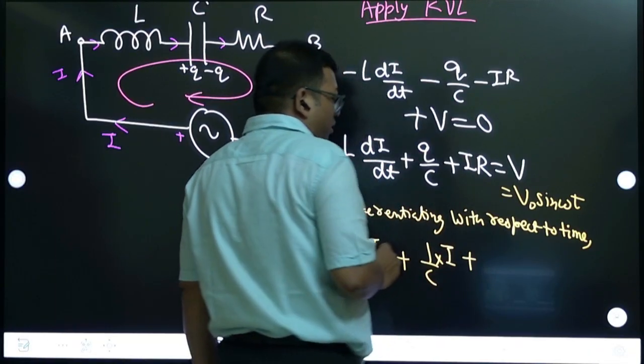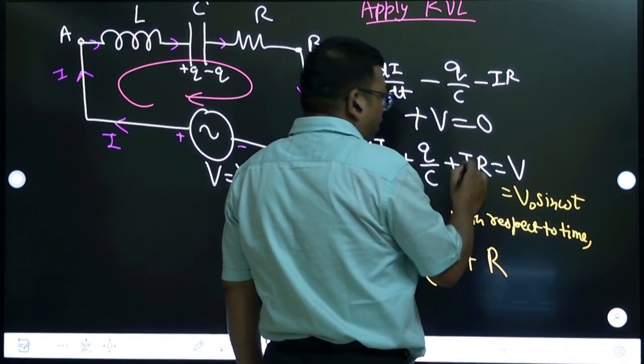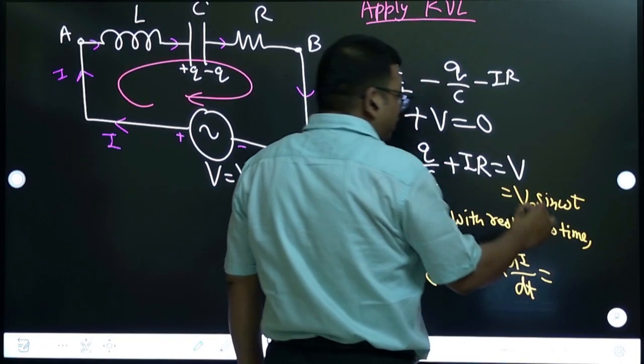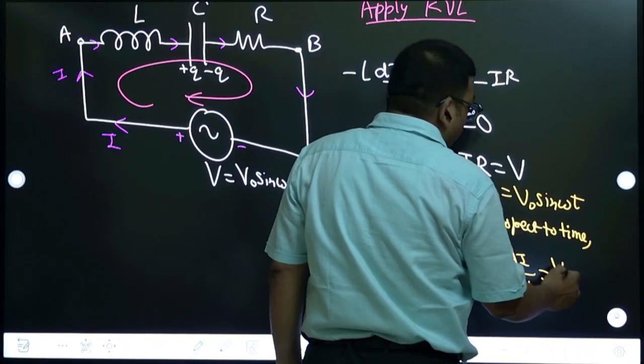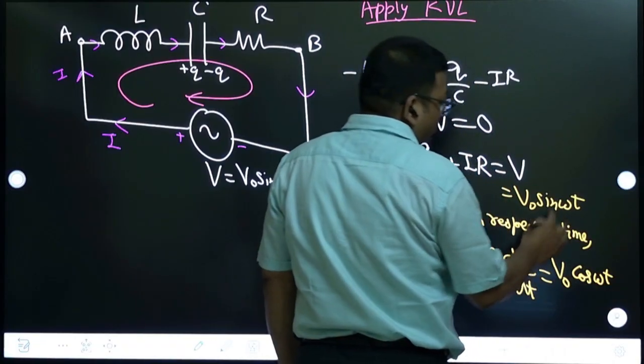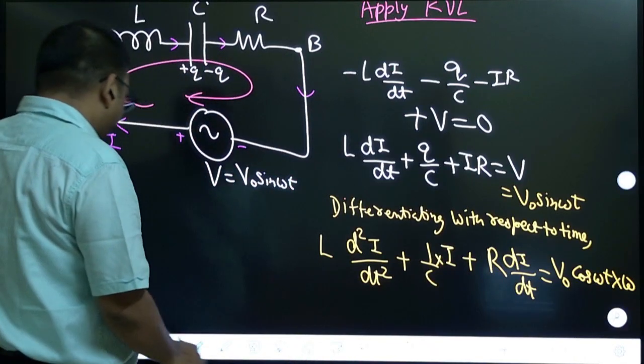Plus, here R is constant, R comes out, and the I differentiation means di by dt. On the right side, V naught comes out, sine differentiation becomes cos omega t, and also the internal differentiation gives omega. Now let us rearrange this.